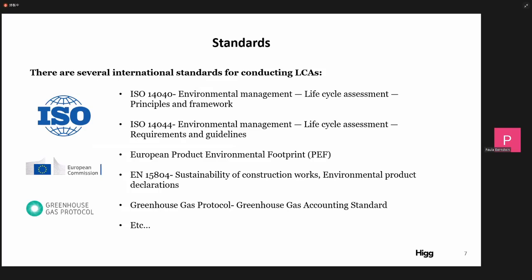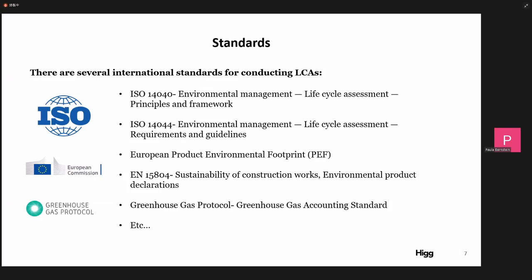So I'm not going to talk about this too much, but I want to mention that there are several international standards for conducting LCAs. So this isn't something that we made up. We follow guidelines and follow these different standards that are out there. The most famous is the ISO standards listed here, the 14040 and 14044. The European product footprint is a project going on in Europe that I'll mention a bit more later, but that has some really great guidance.